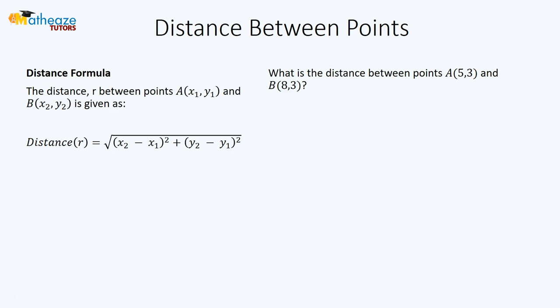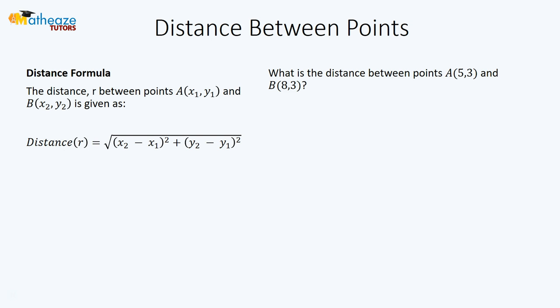So if we have points A (x1, y1) and B (x2, y2), the distance between those 2 points is going to be the square root of (x2 minus x1) squared plus (y2 minus y1) squared.